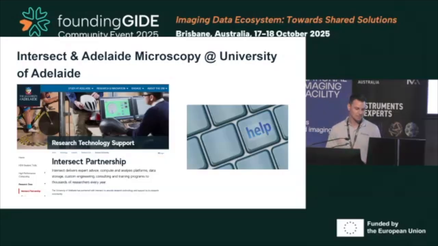So University of Adelaide, as Bryant mentioned, have been a member of Intersect for a number of years, and through that relationship and membership, we've engaged with Bryant and Adelaide Microscopy over a number of years, and recently he reached out and hit the help button and said, I've got two key challenges that if you could help me, that would be great. And they were around the sharing of data, as Bryant mentioned, and also the management of collections, specifically around permissions and user access.